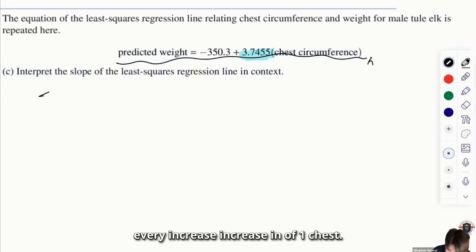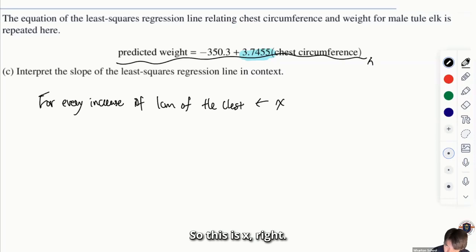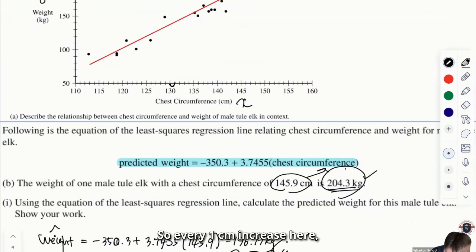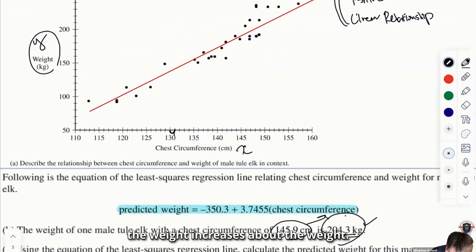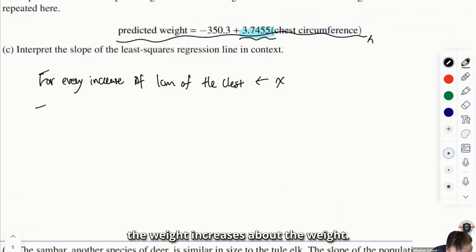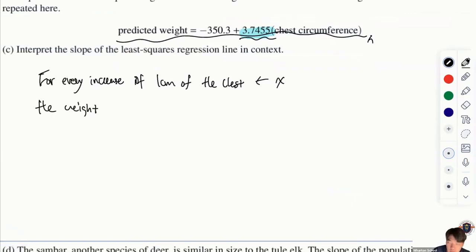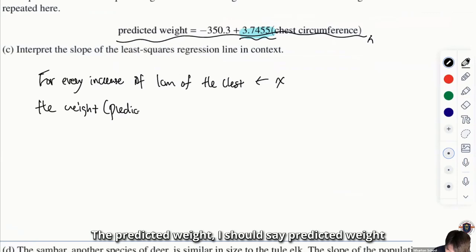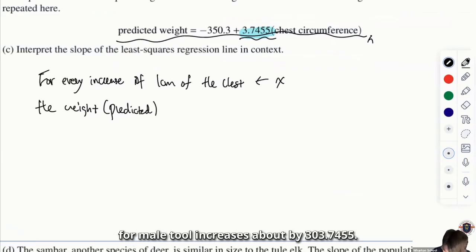For every increase of 1 centimeter of the chest, so this is x, right, the predicted weight for male teal elk increases by about 3.7455.